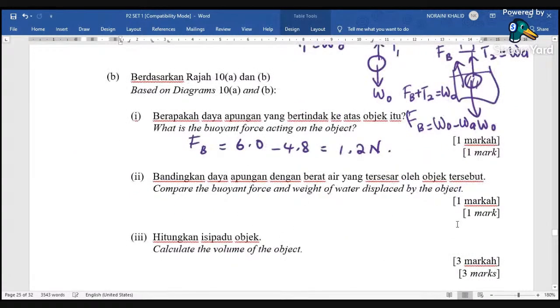Compare the buoyant force and the weight of water displaced by the object according to Archimedes principle.